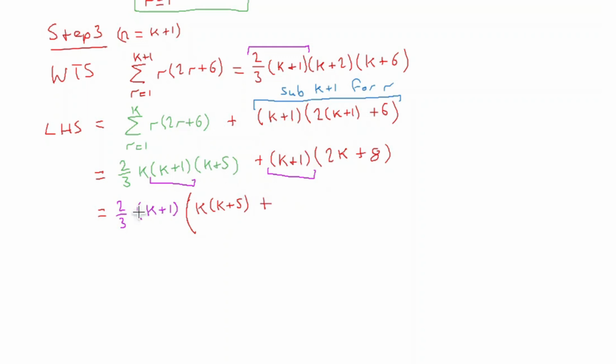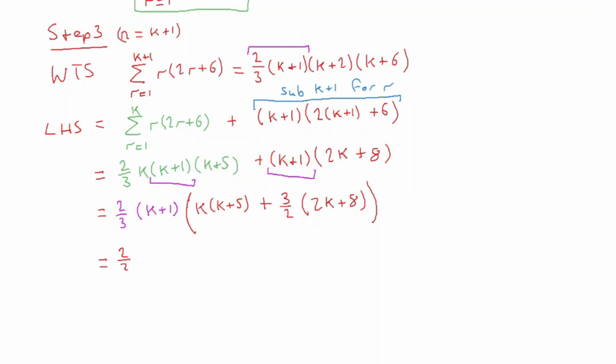Now, I've got the k plus 1, I need to multiply by 2k plus 8, but I've also got an extra 2/3 that I don't want. So how do I cancel that out? Well, 2/3 multiplied by 3/2 would cancel that out. Now again, if you imagine expanding this out, the 2/3 k plus 1 times by this, we would get this red term here.